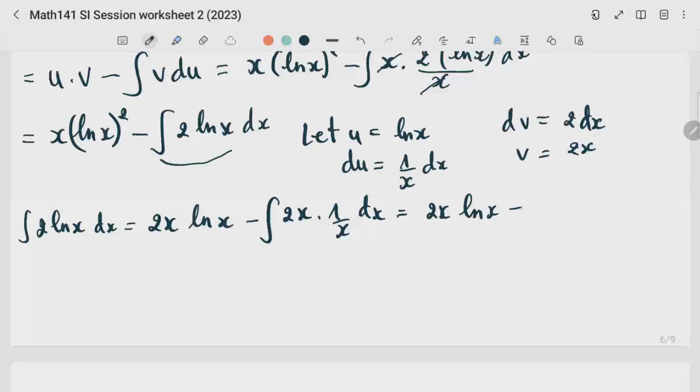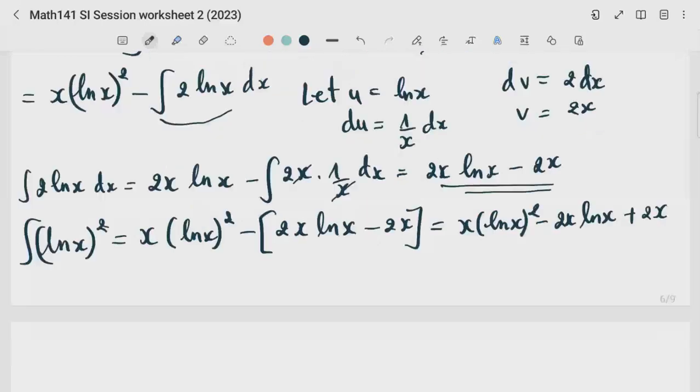And this can be simplified further to be x times ln x squared minus 2x ln x plus 2x. All right. So that should be what the final answer looks like. Any questions?